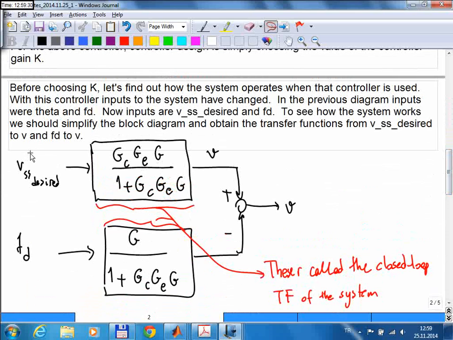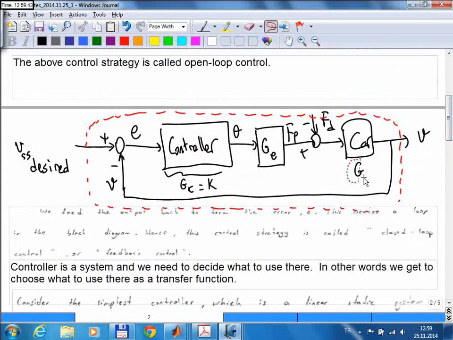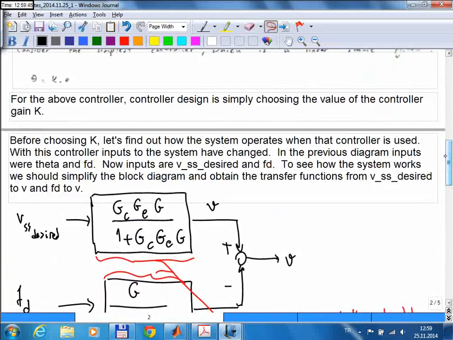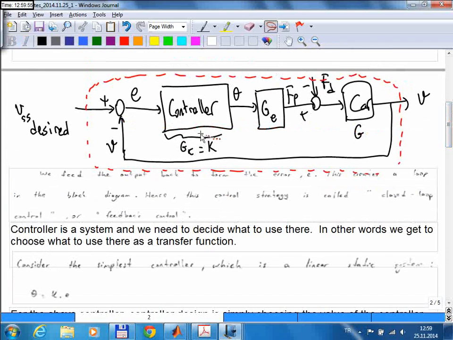So the transfer function from the desired speed to the actual speed is given by this relation, and these are the transfer functions of the individual blocks. For example, this G and this G are the same, and they represent the car transfer function. And the GE here represents the engine, and GC and GC here are the controller transfer functions, right? So we choose it as a single constant number, but you can put something else there if you want to.